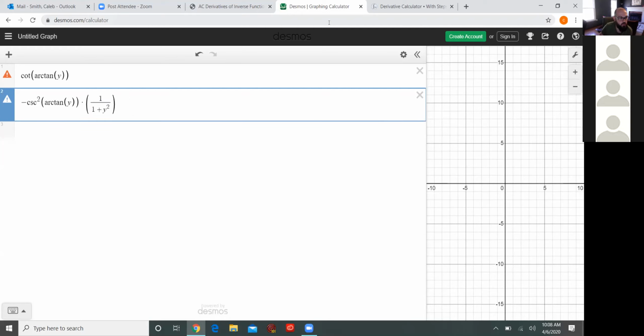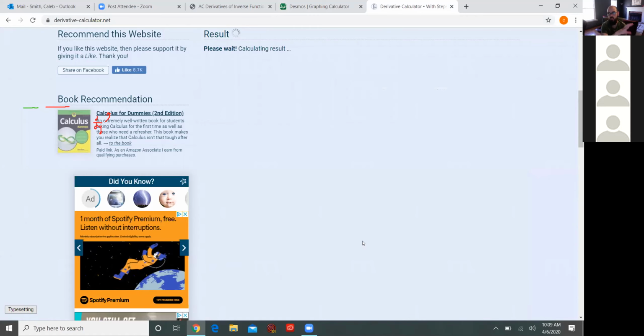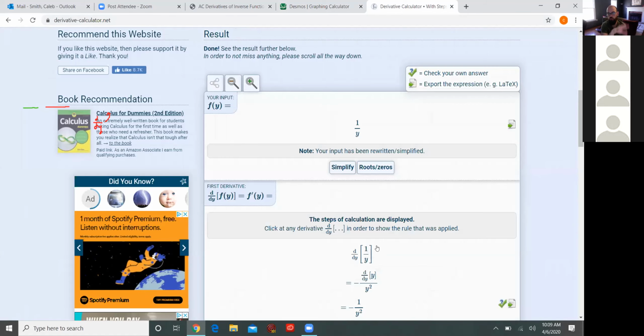So you've got the derivative of cotangent here, and then this is your inside function, and then you're multiplying by the derivative of arctangent. So this is right. Sometimes I'll try to help myself and use this website here. Yeah, there are lots of derivative calculators. One problem is they simplify. What's happening with this derivative calculator is they simplify in the background, and their simplification is super duper simplified.